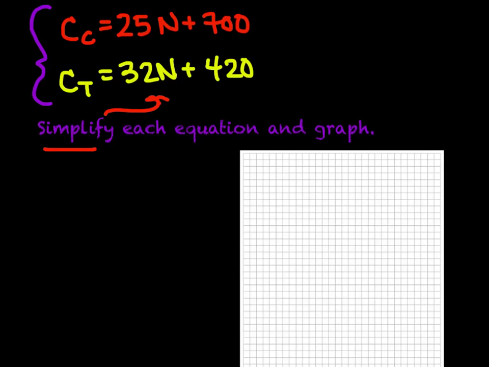We still have a systems of equations, and now we need to graph these babies. We need to figure out where everything hits. Now what's nice is we can see our n.